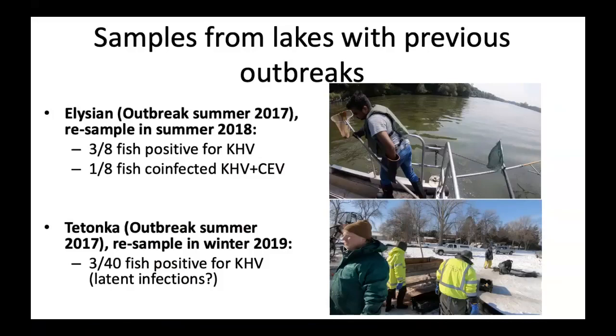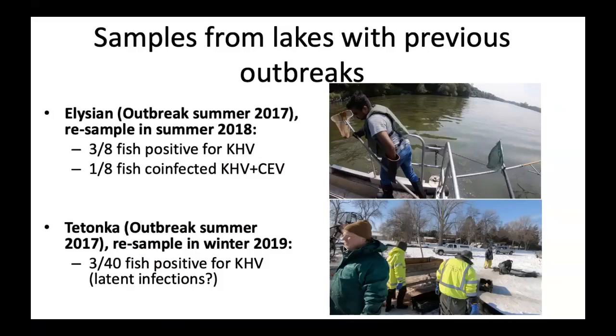So speaking of samples from lakes that had infections previously, these are examples of a lake that we sampled for an outbreak event that happened in 2017, and then we went back and sampled it in the summer, the heat of the summer, to see if we could find KHV again.